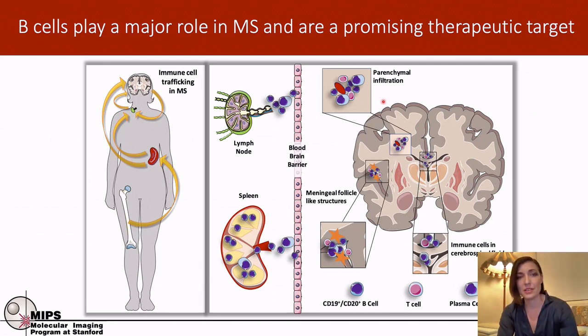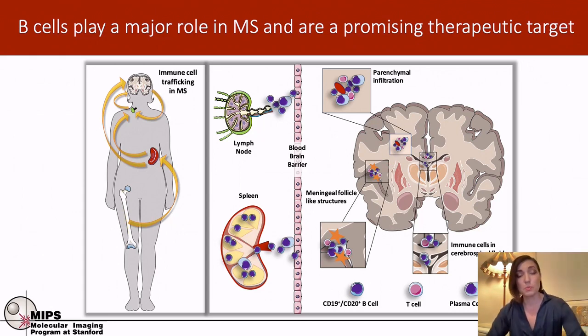We know, beyond the brain as well, that there are these B cell follicle-like structures that you can find in the meninges, in the subarachnoid space, in the actual parenchyma as well.